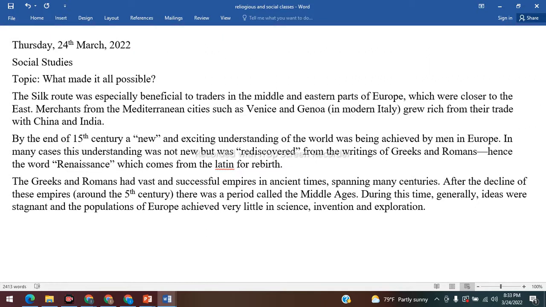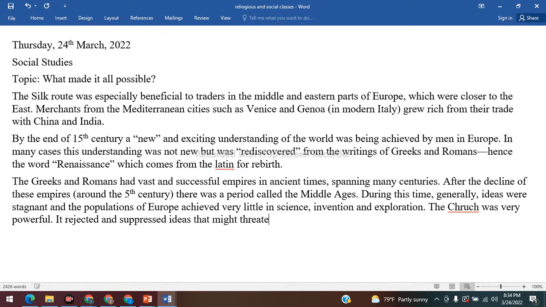The reason for this is that the church at that time was very powerful. It rejected and suppressed ideas that might threaten its own power.